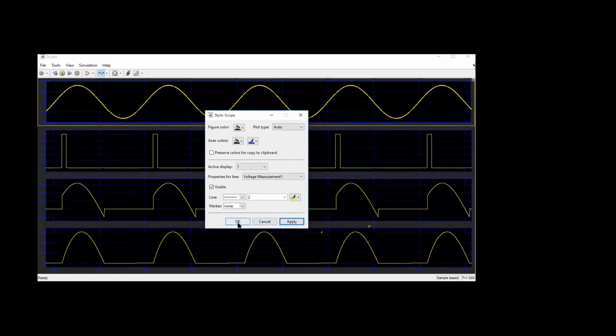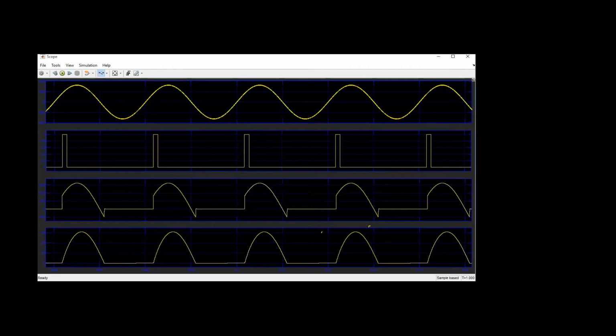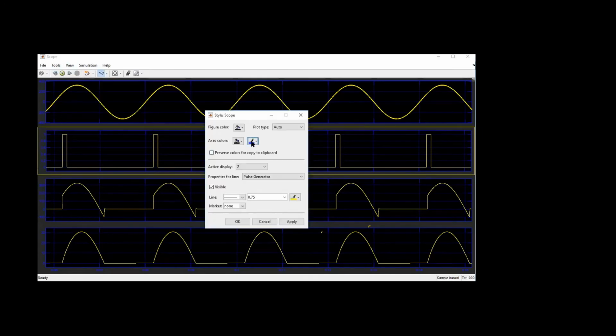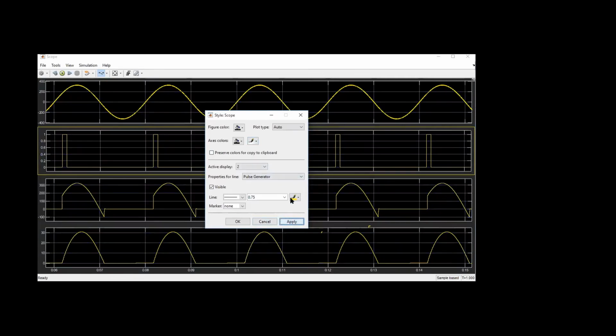Okay. Even this particular graph you can take, there are legends.